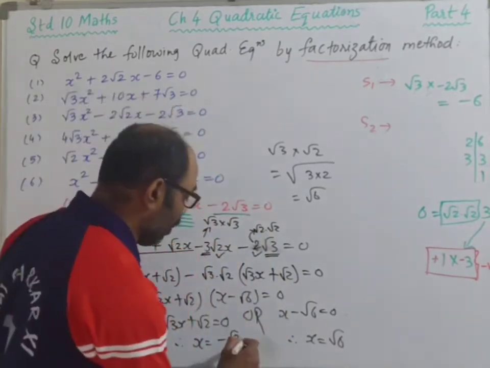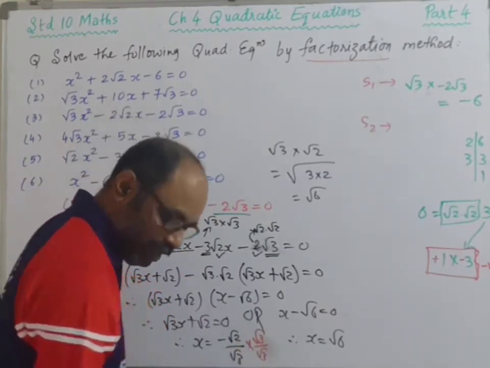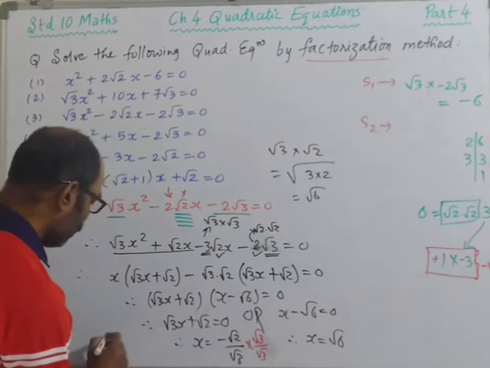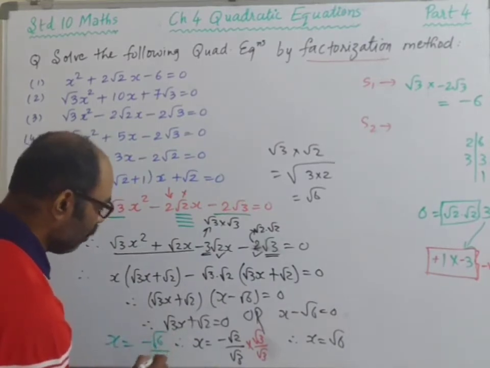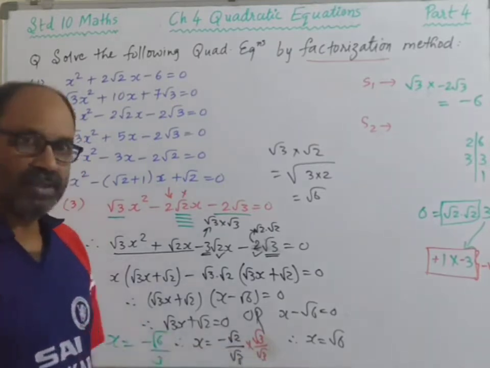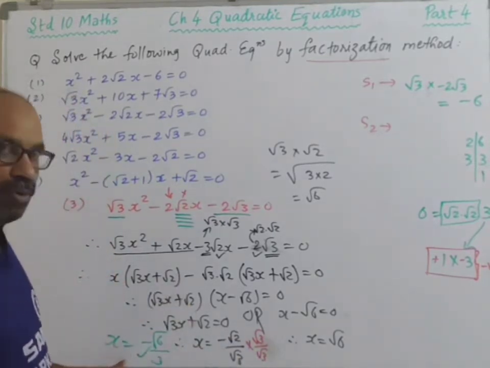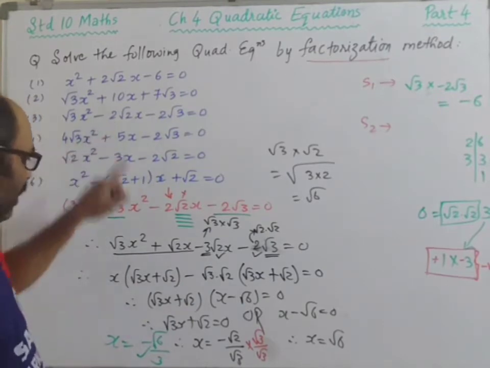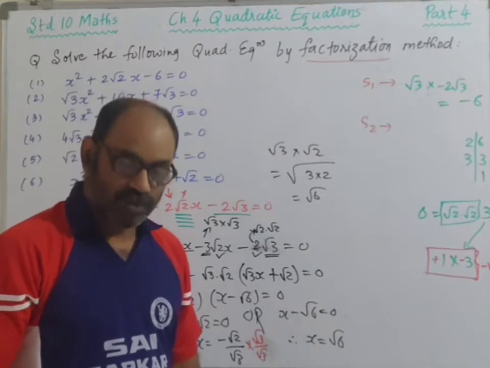Better always you should rationalize. Root 3 upon root 3. So this will be x is equal to minus root 6 upon 3. So the first root of the quadratic polynomial is minus root 6 upon 3 and the other root is root 6.